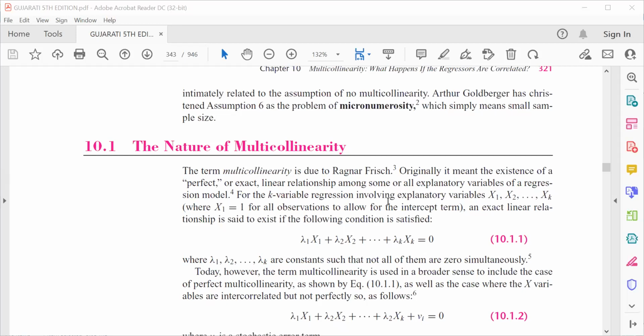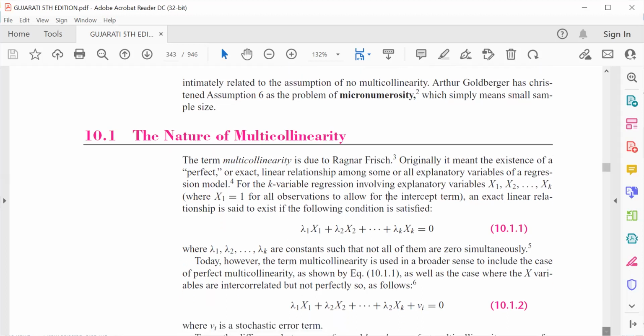Here, multicollinearity is due to Ragnar Frisch. Originally, it means the existence of perfect multicollinearity, or an exact linear relationship among some or all explanatory variables of the regression.